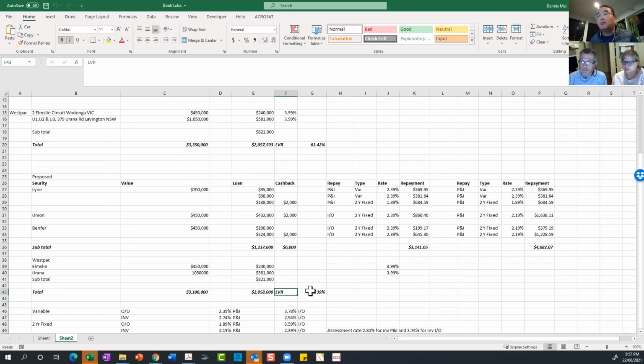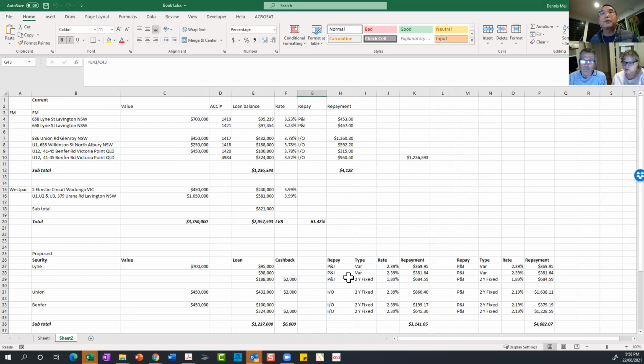The LVR will be 66%, still under 70%. So out of this transaction, you have one property, Wilkinson Street, without a mortgage. Basically, you can say this loan is paid off on this property.